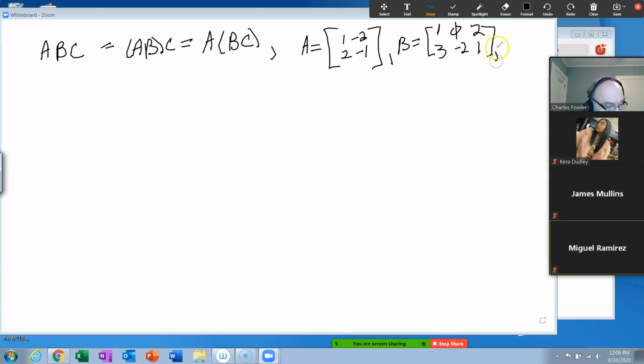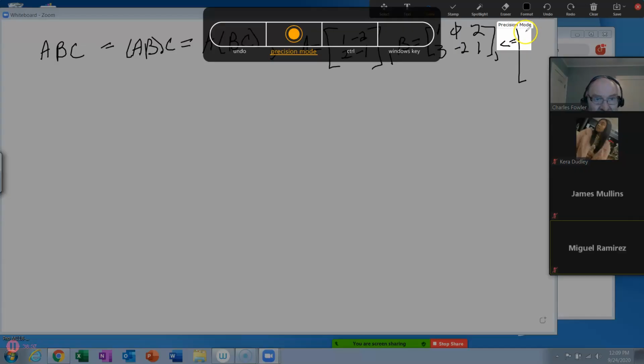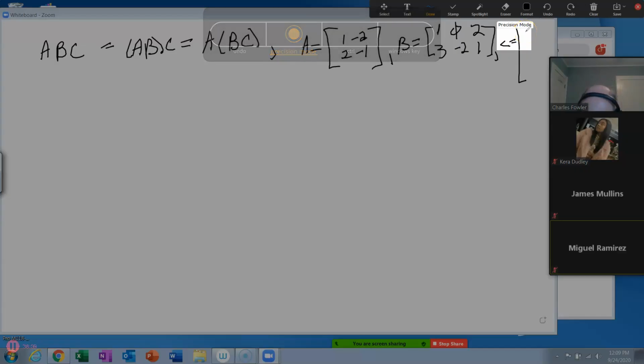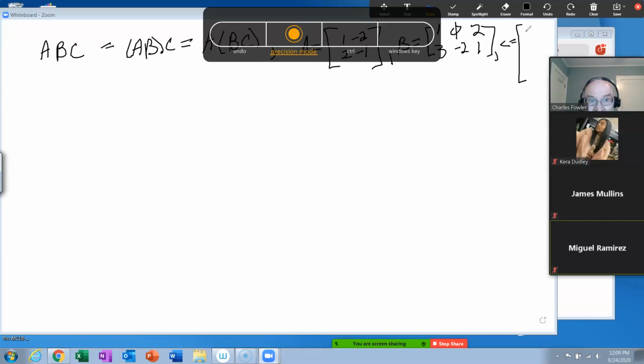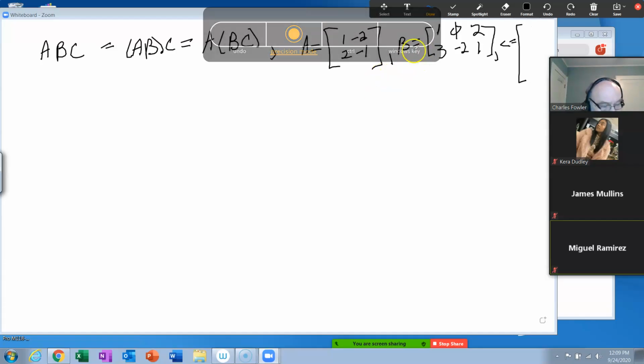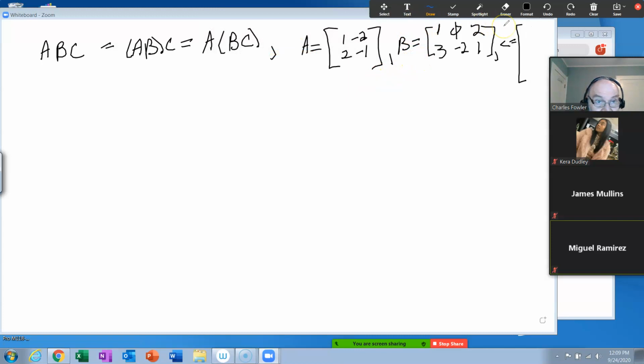And now am I going to have room to fit C in here? Let's see if we can. That's a capital C. It doesn't look like it. And that's -1, 0. Yuck! I don't know if you can see it or not. A -1, 0. Three, 1, 2, 4.